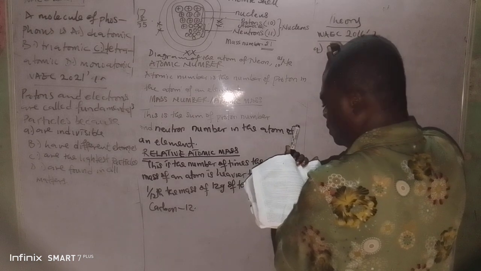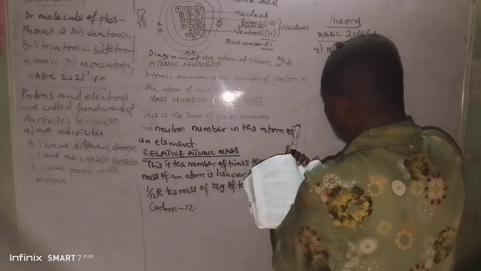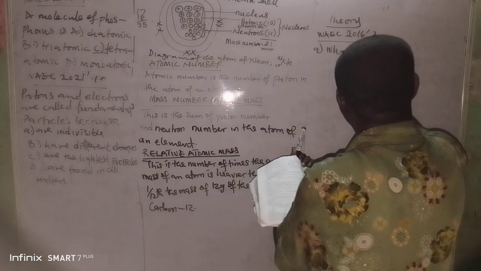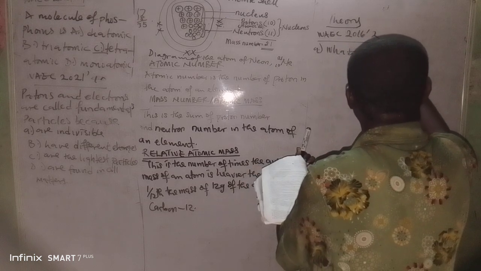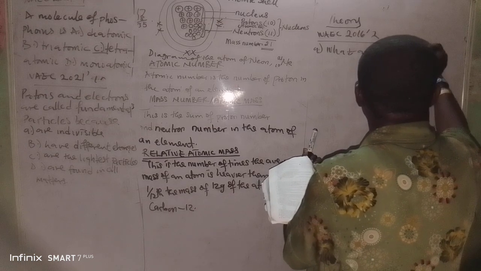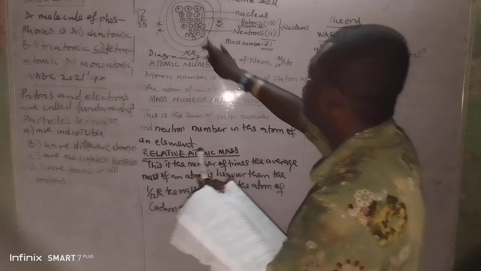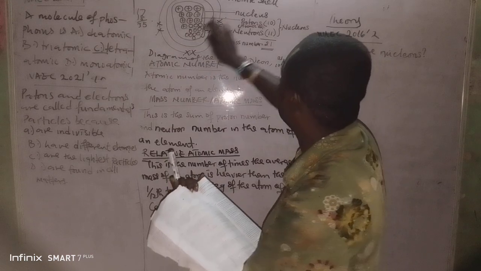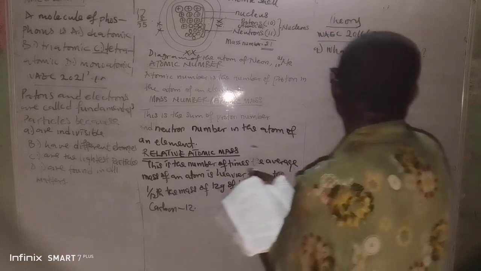Number A, they say what are nucleons? I have told you that the sum total of everything inside the nucleus are called nucleons.